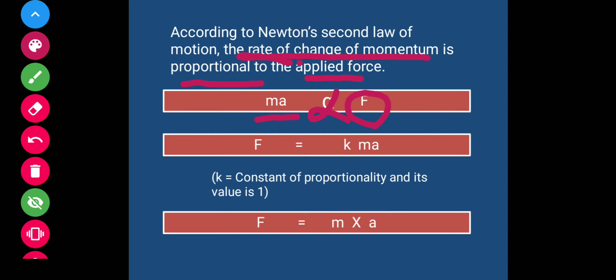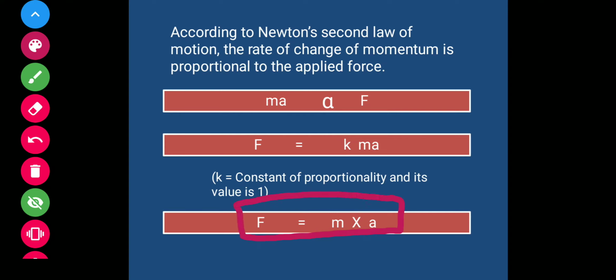So force is equal to k into m into a. Here k is a proportionality constant and its value is 1. So F is equal to m into a.